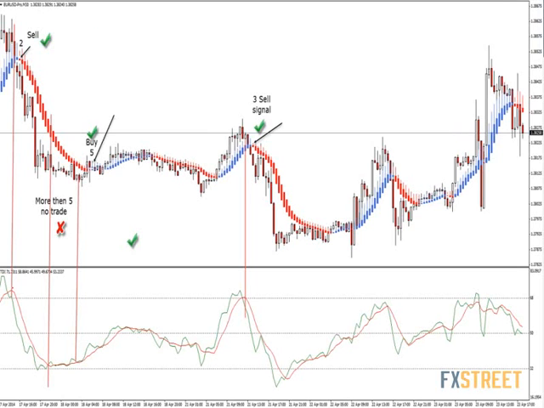When green TDI crosses red, you wait for the first red Heiken Ashi Smoothed candle if it happens in the next 5 candles. So this was the cross, and your entry should be in the next 5 Heiken Ashi Smoothed candles. The qualification is that one of the next 5 candles should be red. In this example, the second candle has closed as red Heiken Ashi Smoothed, and this is your entry here.